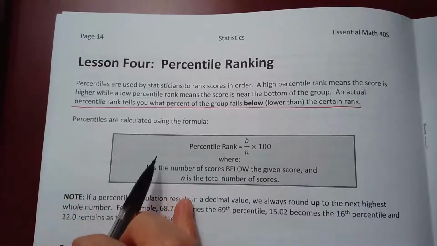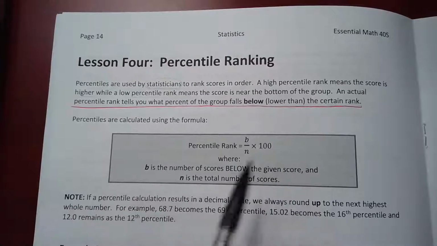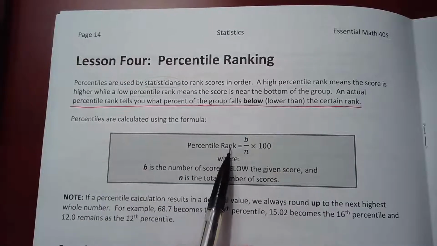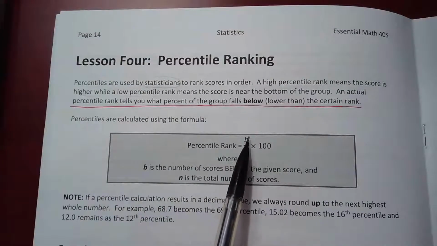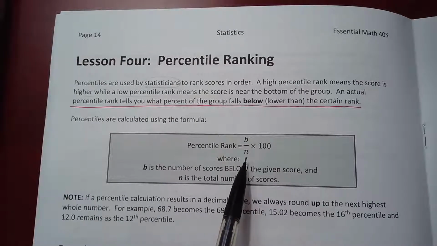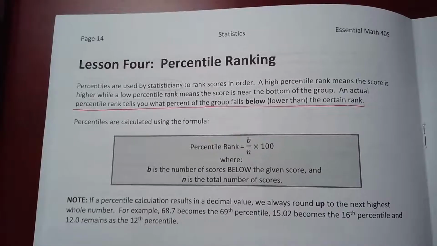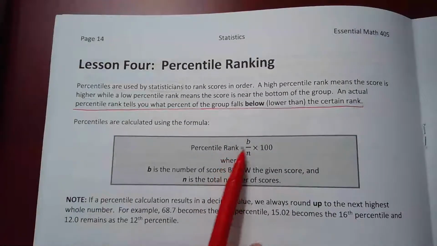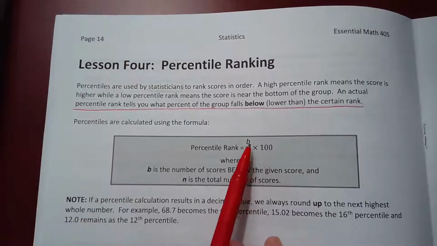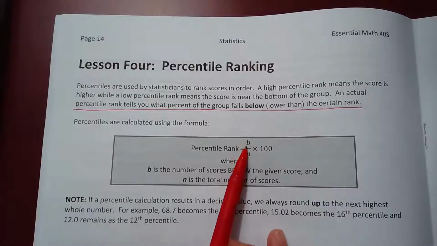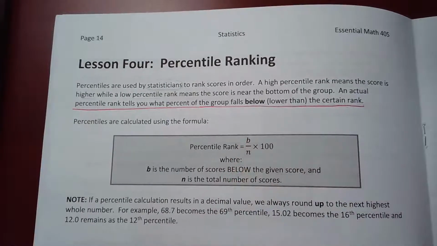And there's a formula for that. It says here percentile rank is equal to B divided by N times 100. Now you're probably thinking, what does the B represent?